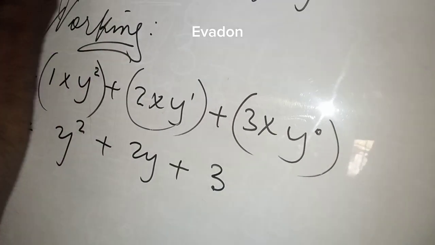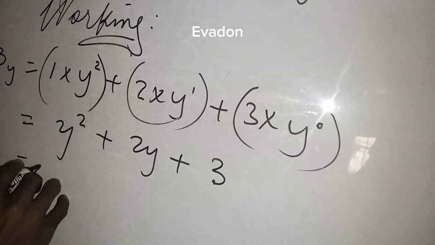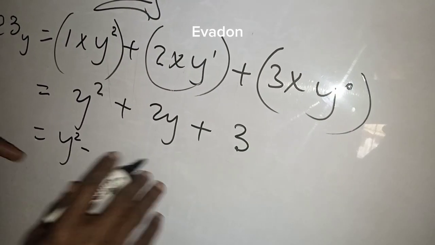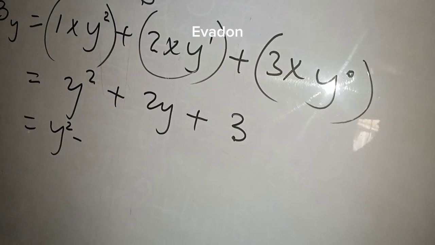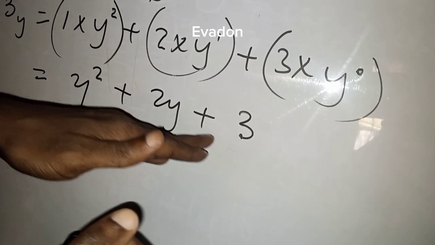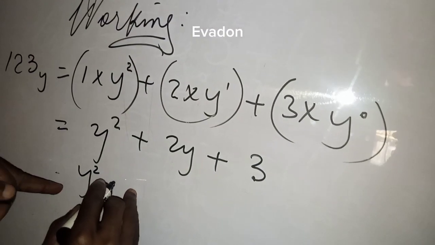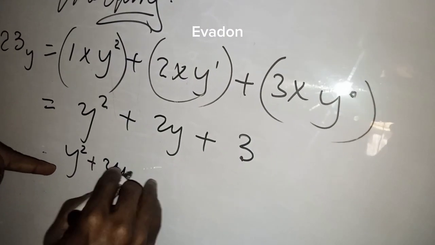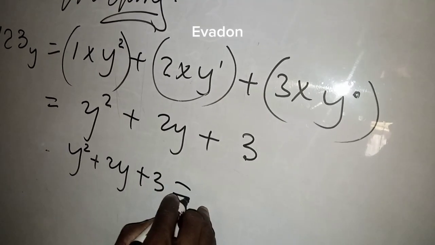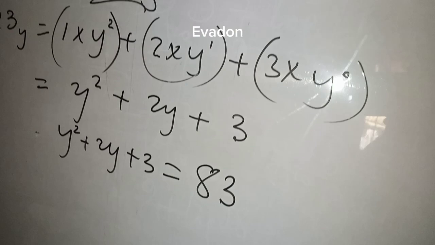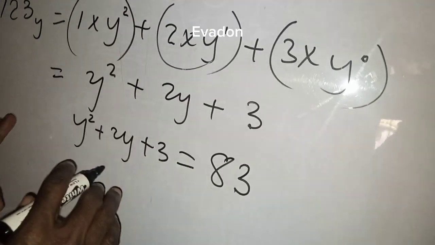So we are working on the left hand side of the equation. That will give me y squared plus 2y plus 3. Since we have this as our answer, we now write everything. Y squared plus 2y plus 3 equal to 83. We have not yet got the equation.